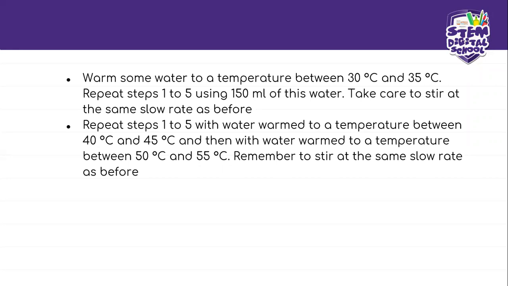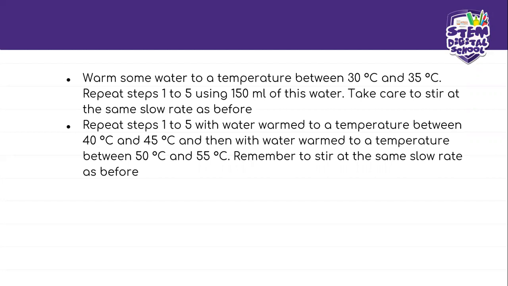Okay, so the step also says to take care to stay at the same slow rate as before. So we are going to try to stay with the same intensity. If we stir slowly in the first cup, even in the second cup, we'll try by all means to stay slow, all right?